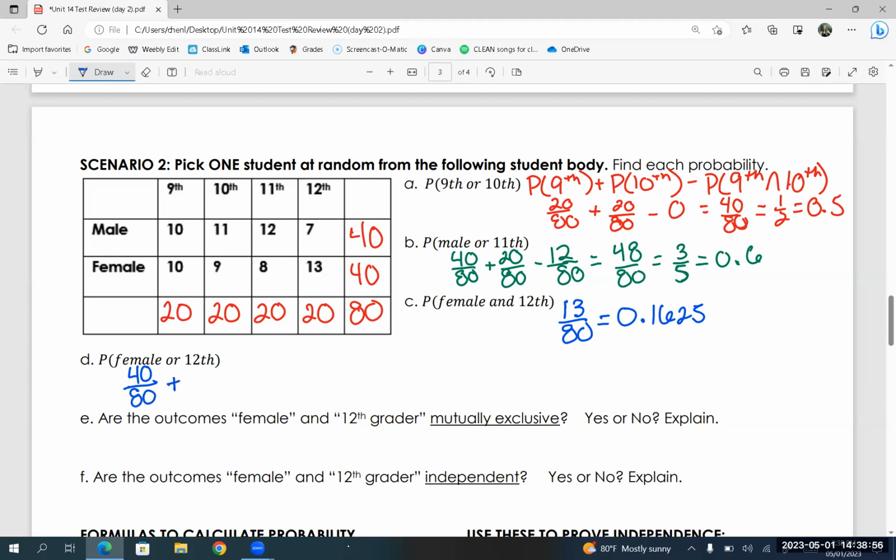So 12th graders was 20 out of 80. Minus the probability that they are a female and a 12th grader, and that's that 13 out of 80 that we had identified before. So we do 40 plus 20 is 60, minus 13 would be 47 out of 80, which would be the decimal 0.5875.